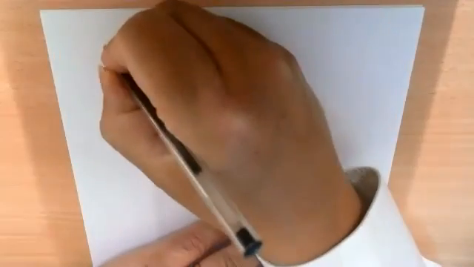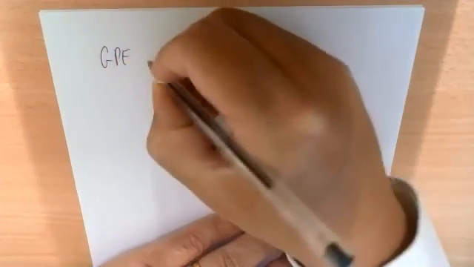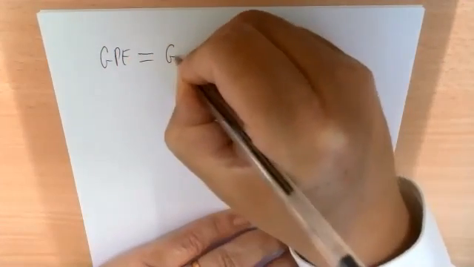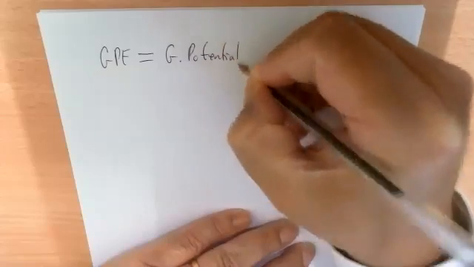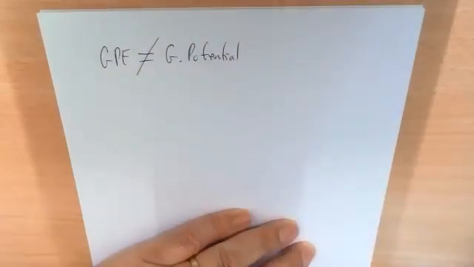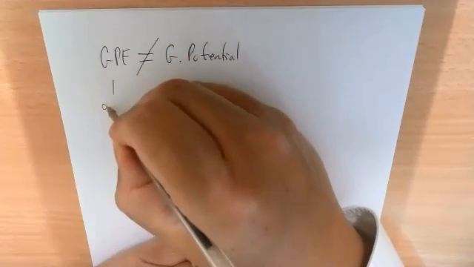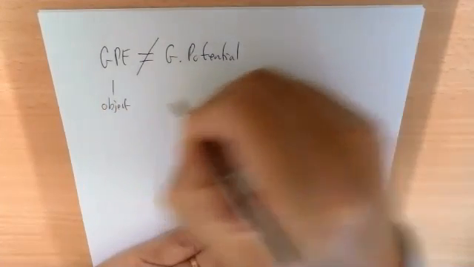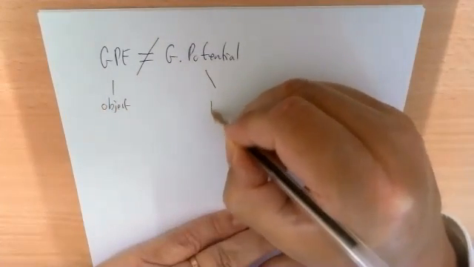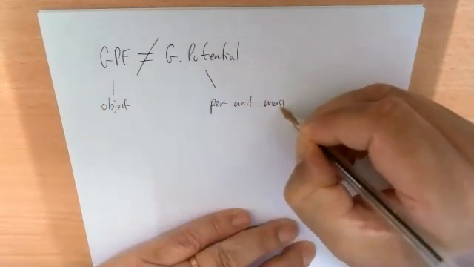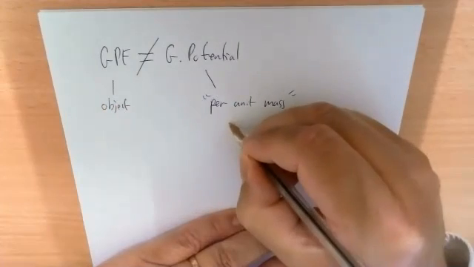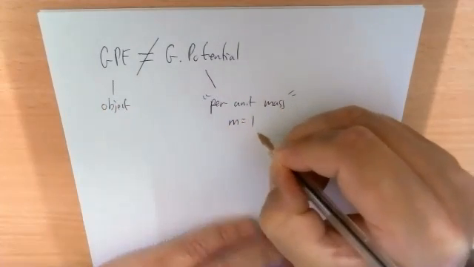So the common mistakes that people make are confusing gravitational potential energy with gravitational potential, without the energy. It's not the same thing. That's for an object that is per unit mass. In other words, little m is equal to 1.